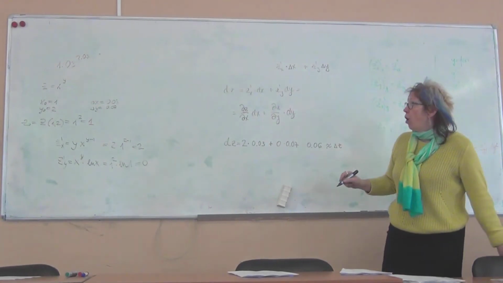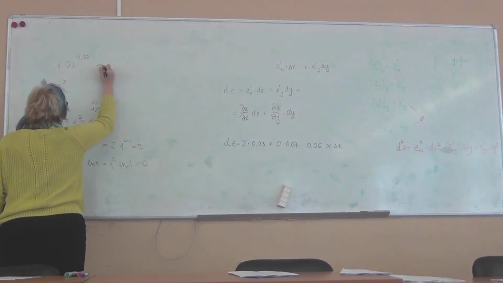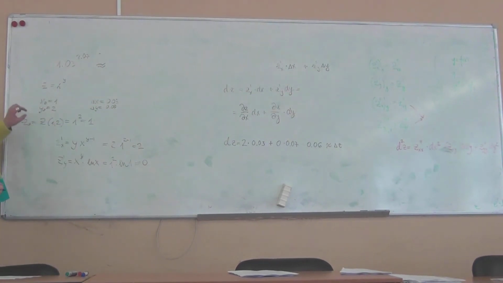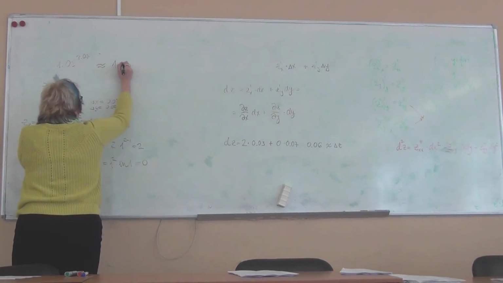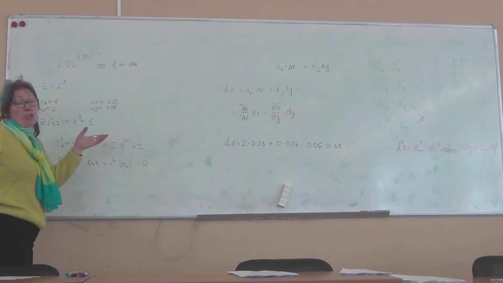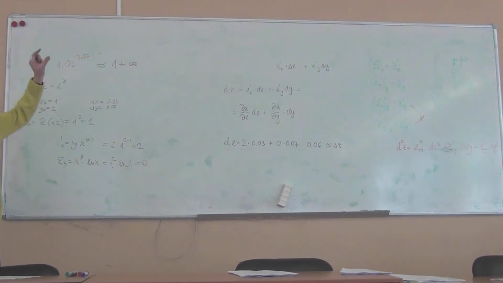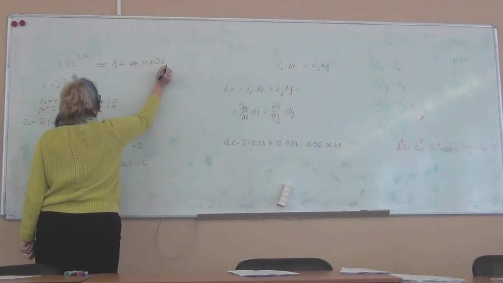So now, obviously, this should be the basic value. The basic value, it's this, 1, plus, obviously, well, dz, the differential, the approximate increase. So this is 1.06.